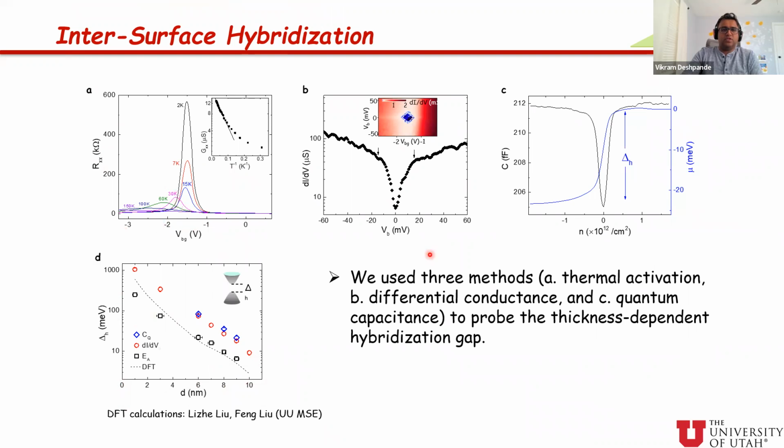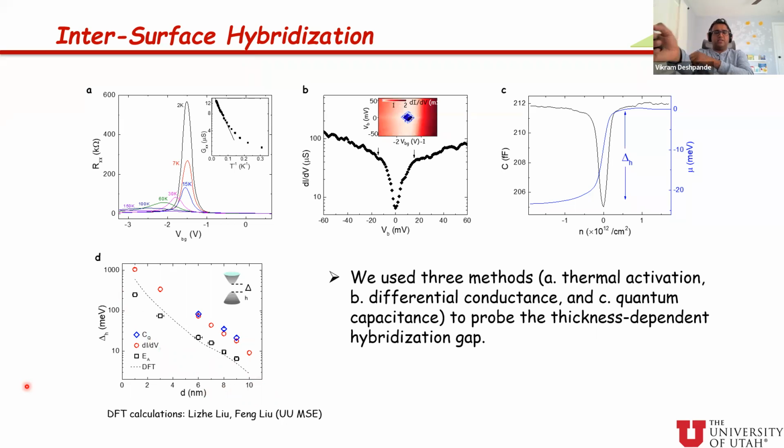So one of them was basically a thermal activation. The second one was a dI/dV, and the third one was a measurement of quantum capacitance, right? And all of these 3 measurements, along with DFT calculations, show us that the gaps in the sample are increasing exponentially as the thickness reduces.